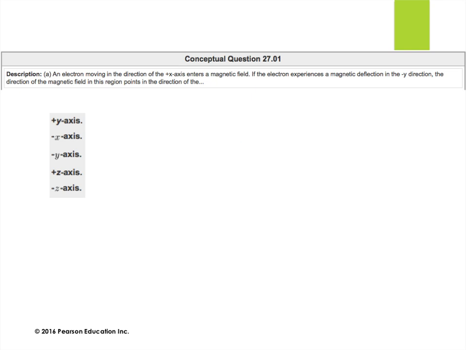In this problem, I have an electron. It's moving in the positive x direction, so here's the velocity vector. I made that a proton even though I said the word electron, so here's an electron. We're told that it experiences a deflection in the negative y direction, so that's the direction of the force. The magnetic field is going to be perpendicular to the velocity and to the force.